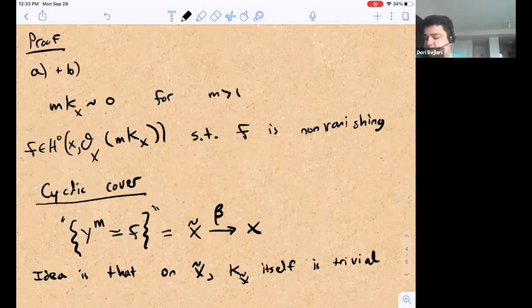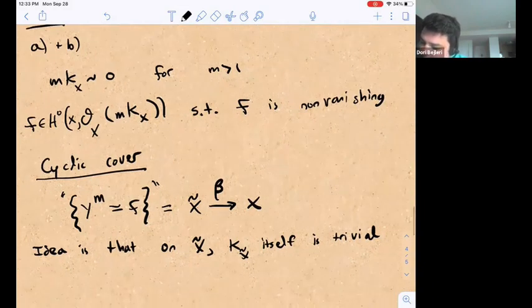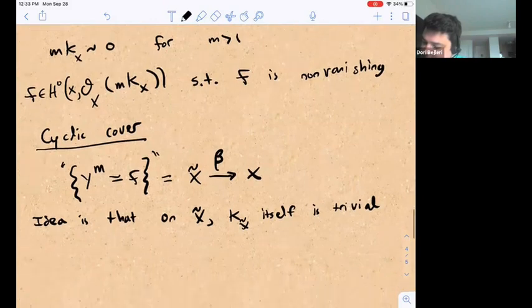And so one way to actually carry this out is to find charts on X. So cover X by open affines, and then you can make sense of y to the m equals f just in the coordinates of each of these open affines, and then glue them all together to get your X tilde. But another way to do it is to use the relative spec construction. So let me write down that.